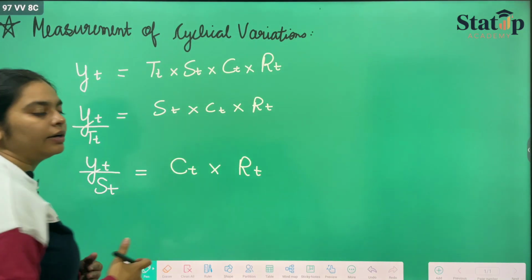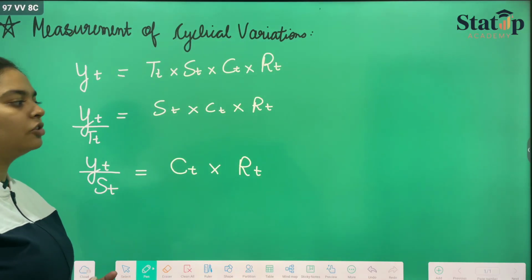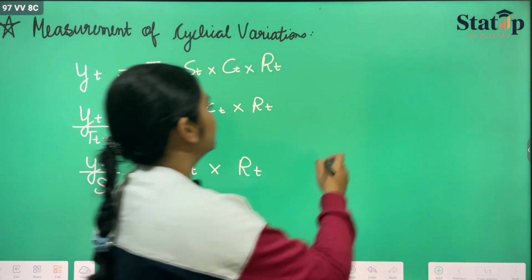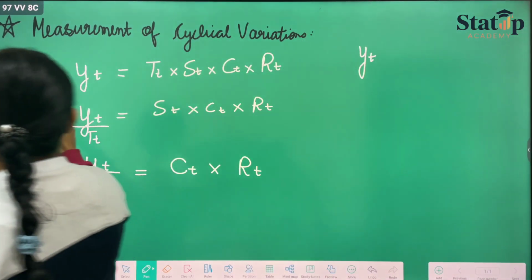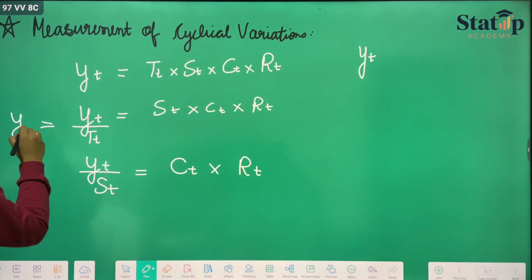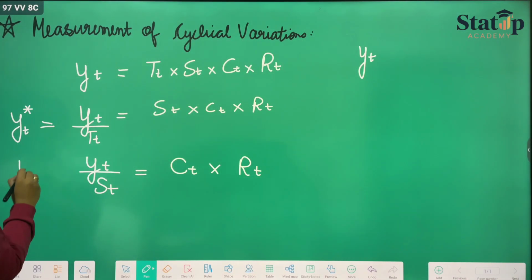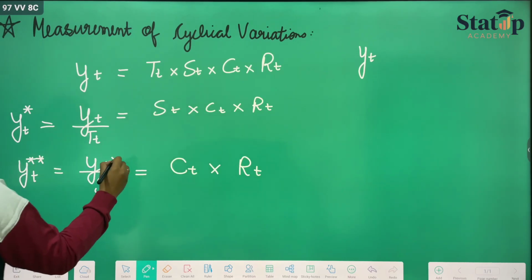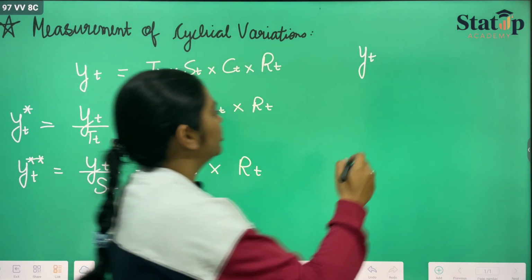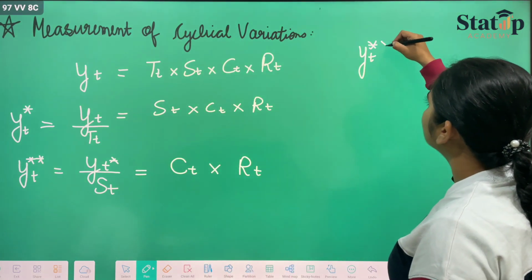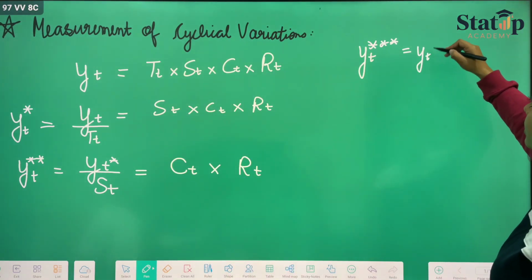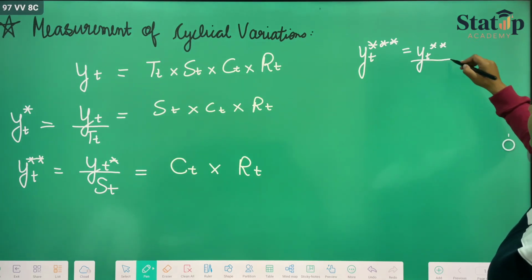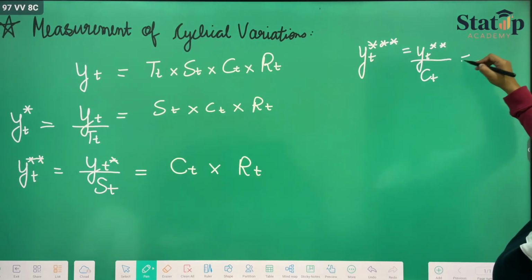Now here we'll find cyclical variation, and then we'll divide this Yt. This would be Yt star, this would be Yt double star, and this would be Yt triple star equals Yt double star divided by cyclical.